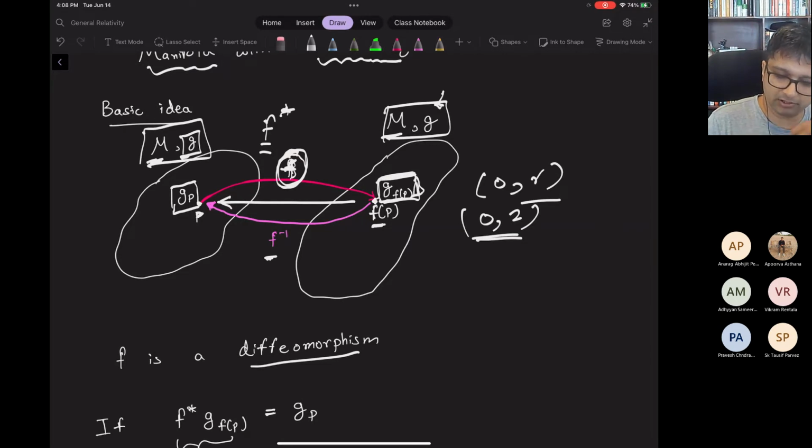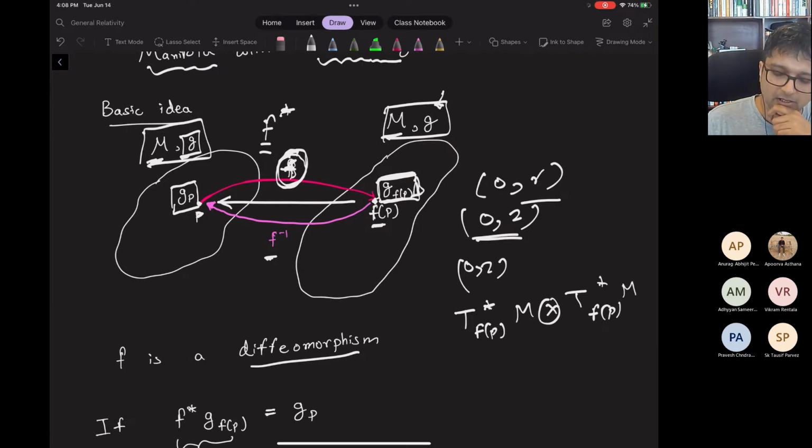This is a particular 0-2 tensor. What is the space in which it exists? It exists in the dual tangent space at F of P, that is, in the tensor product space of the dual tangent space at F of P. What we're doing when we pull it back is finding a corresponding tensor at the point P, a tensor belonging to the point P that corresponds to this G_F(P).